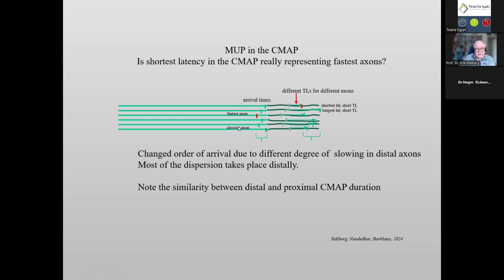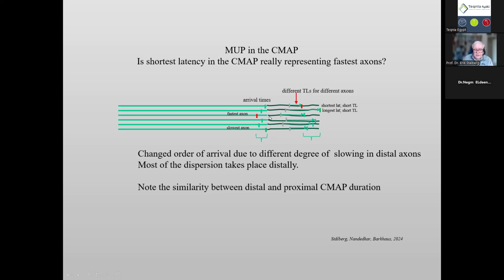And the schematic thinking is the following. Here is a nerve, here is a wrist, and here is a muscle. When we stimulate the nerve here, they arrive according to the conduction time. Fastest axons come first, and the slowest axon come a little later.